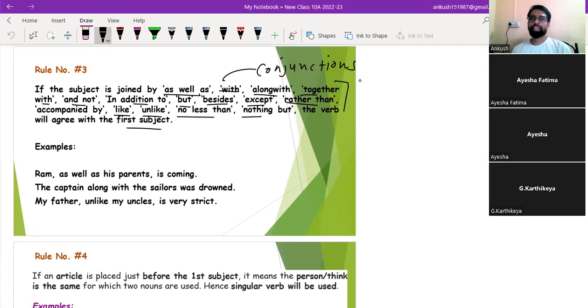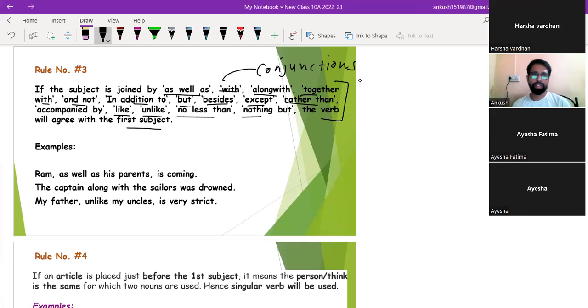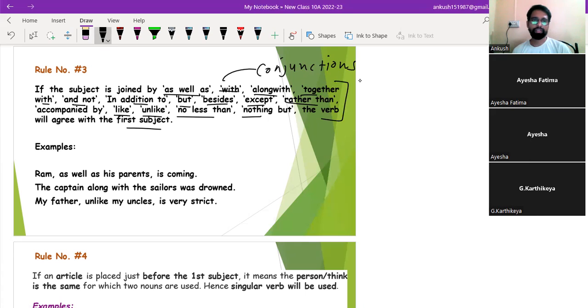So suppose these conjunctions or connectors or jointers have come together with another subject. So what would be there? The verb will agree with the first subject only. Like, Ram as well as his parents is coming. Is is referring to the first subject.